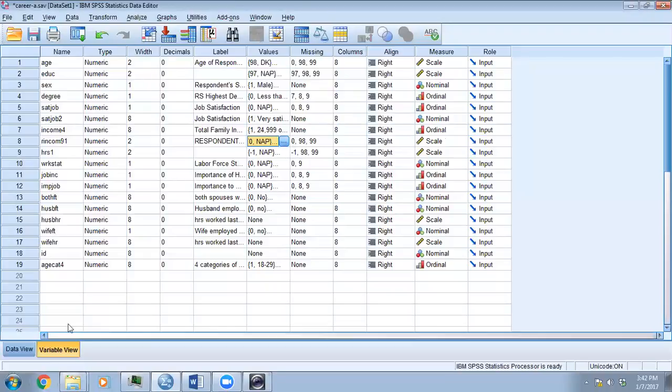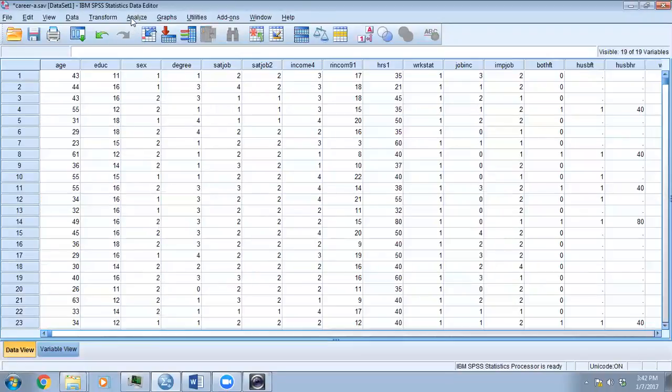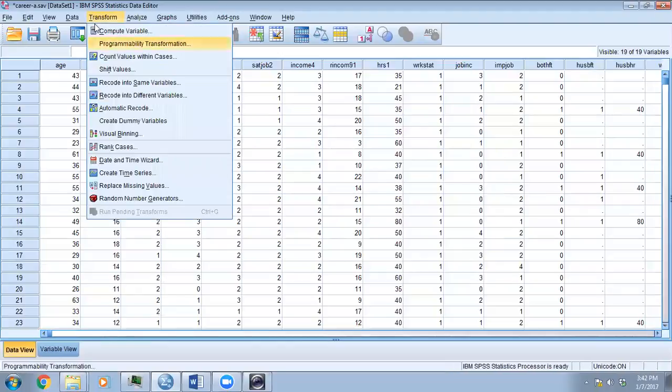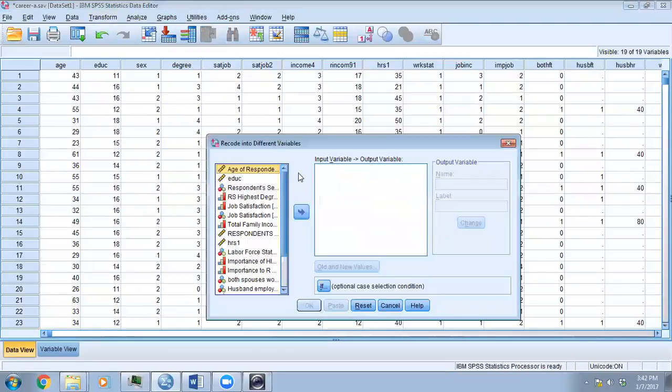So what we're gonna do here is go to Transform, Recode into Different Variables, and there we're gonna choose our income, the one called our income 91, and we're gonna give it a name, our income 2.